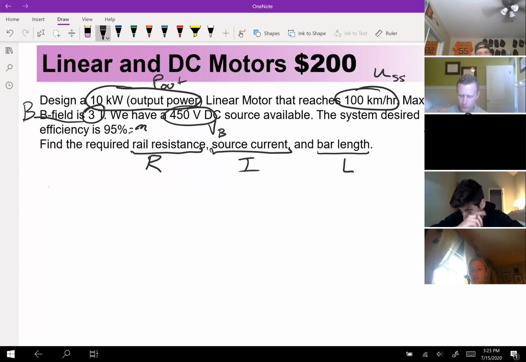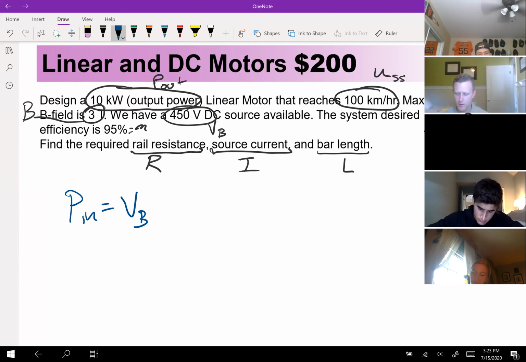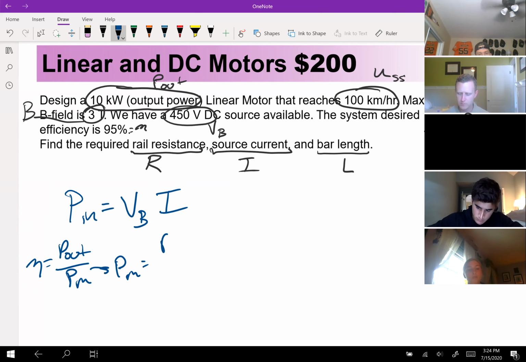So we'll do part A, find, actually, I guess they asked for all three at the same time, because you can almost see, based off what I just showed, that I can quickly get the I, VB, I. Efficiency is P out over P in, so P in is P out divided by efficiency.